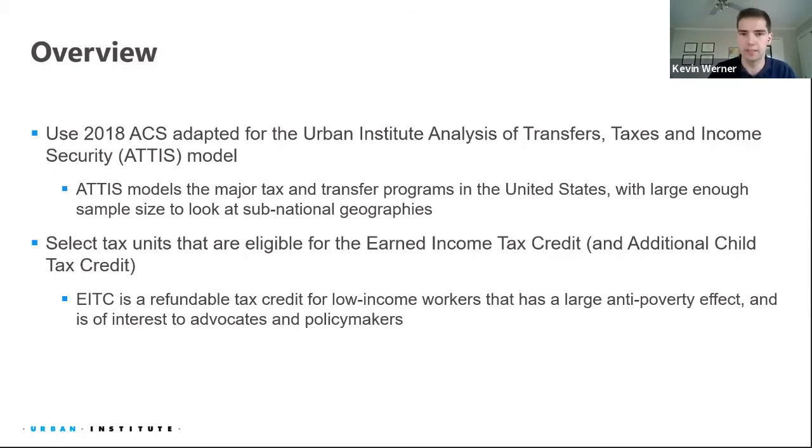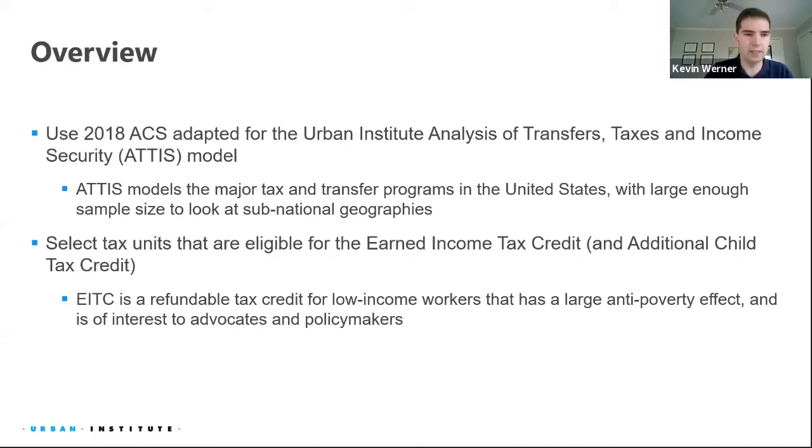That stands for the Analysis of Transfers, Taxes, and Income Security. This is a microsimulation model that simulates the major tax and transfer programs in the United States. And because it uses the ACS, we are able to look at states and other subnational geographies.